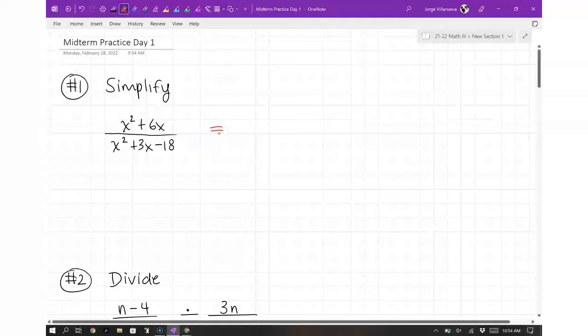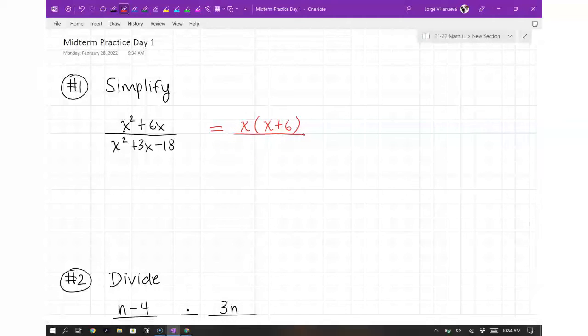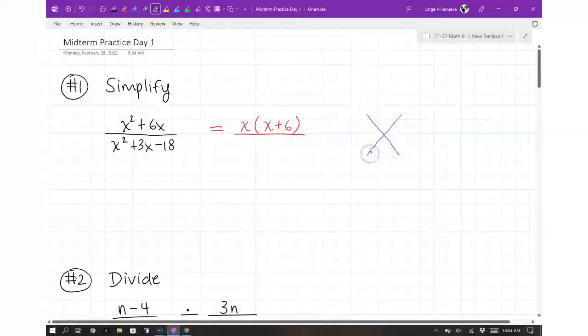The numerator, I can factor out an x. So I'm going to take an x out, and then I have x plus 6. Okay? So there's that part, x and x plus 6. The denominator is a trinomial, so I'm going to have to do this using the x method. And you're going to notice we're going to do the x method a lot today.